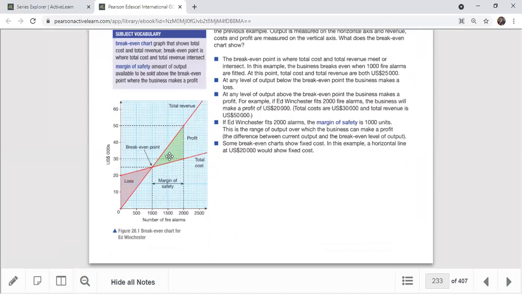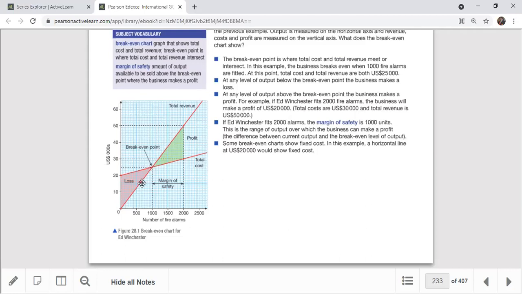You can write down the definition in the handout. A break-even chart is a graph that shows total cost and total revenue. Total costs here and total revenue here. So they are defining it by using its features. It shows the total revenue curve and total cost curve. Those are the main curves, right? And the break-even point is where total cost and total revenue intersect.